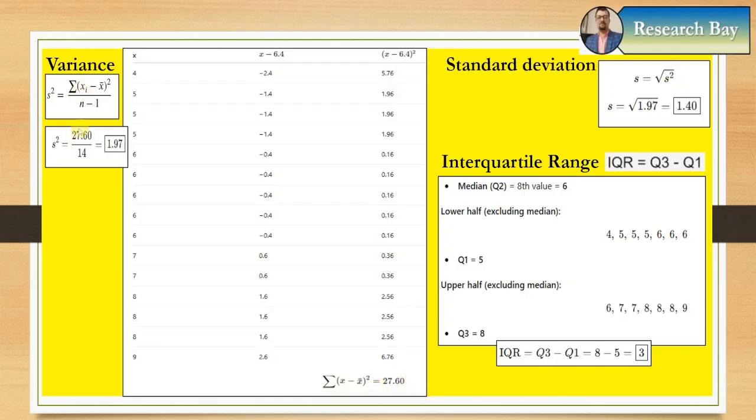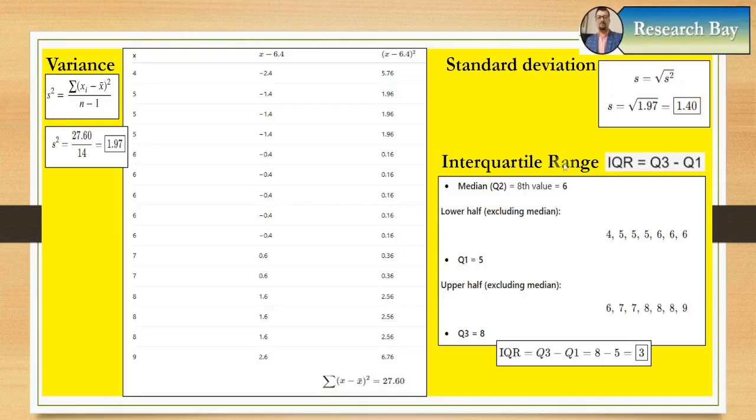And you put that value 27.60 in the numerator, and in the denominator you put n minus 1, where n is the sample size 15. 15 minus 1 is 14, and you arrive at a variance of 1.97. Simply, if you take the square root of 1.97, you come over here, standard deviation, the square root of 1.97 will give you 1.40, right? So this is in the standardized terms, in terms of the marks which were given to the students. So the standard deviation is 1.40.